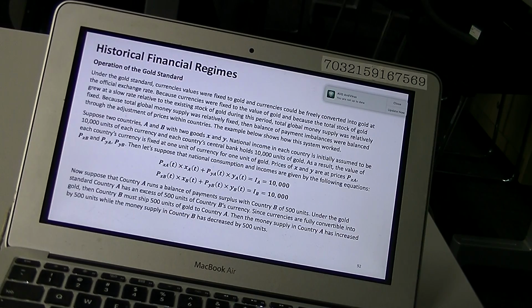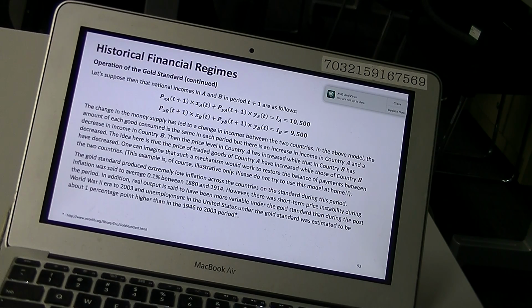Well, that changes the money supply in the two countries. So it's led to a change in incomes.